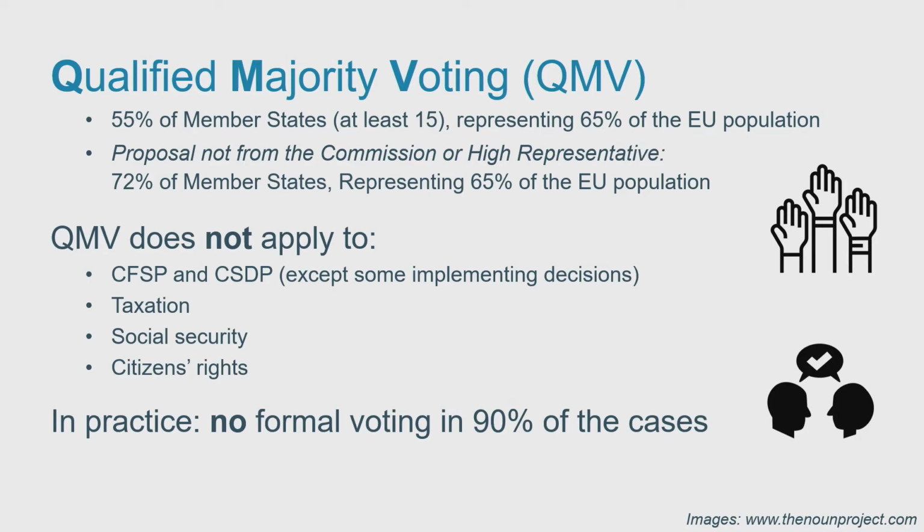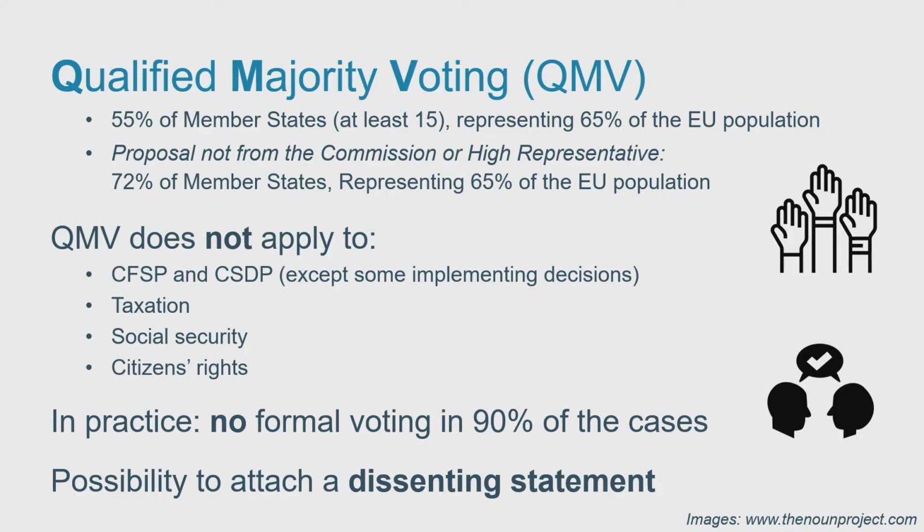The absence of formal voting stems from the consensus culture in the Council. This modus operandi helps retain member states' confidence in the EU system. Since member states must transpose EU policies into national policies, imposing a policy on them seems likely to disincentivize proper transposition.